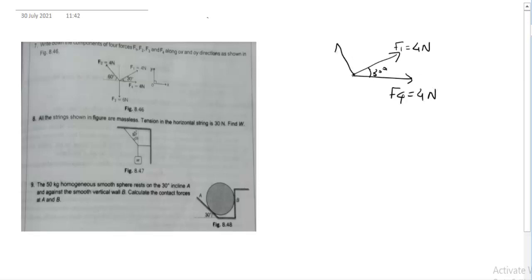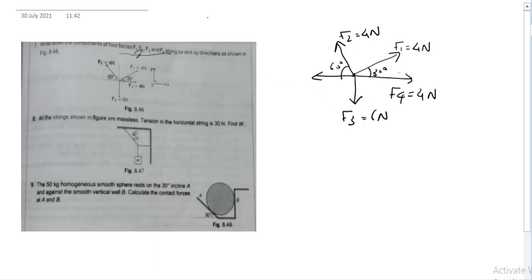Another force F2 is acting 4 Newton, which is 60 degree with respect to the horizontal. F3 is acting exactly downwards, that is 6 Newton. We need to find out the components of the forces F1, F2, F3 and F4 along OX and OY.